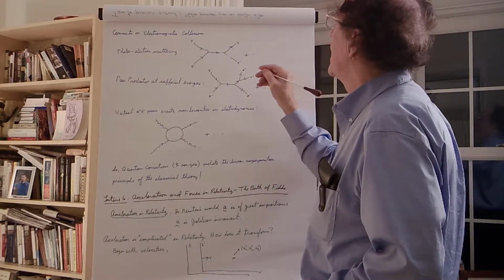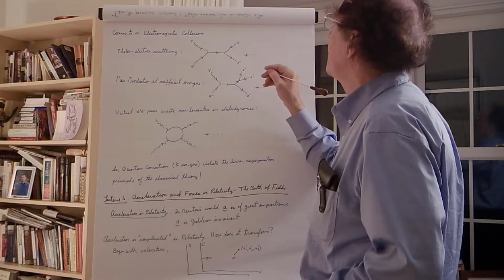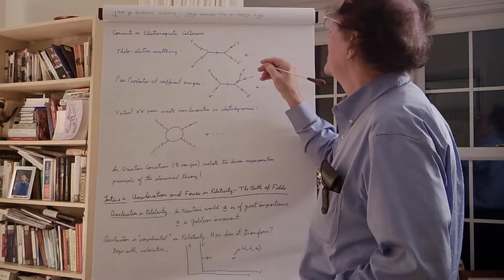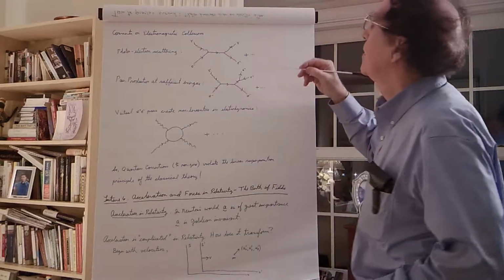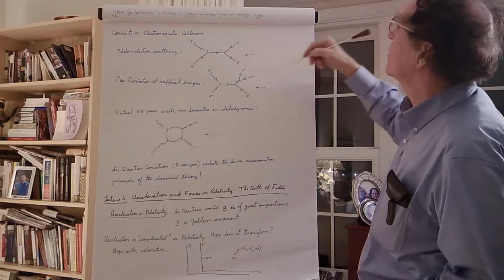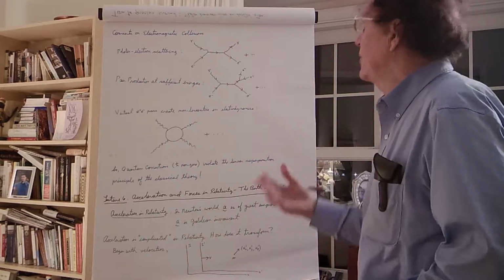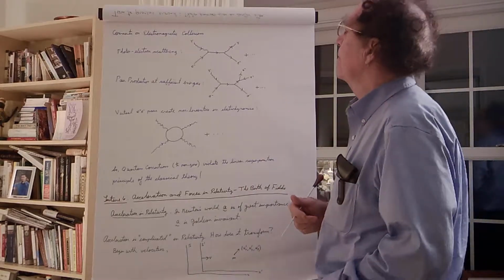The electron comes in, the electron goes out, it pushes against the photon in some sense, and energy and momentum is conserved here, which guarantees that energy-momentum is conserved for the overall process. That's one of the aspects of Feynman diagrams.